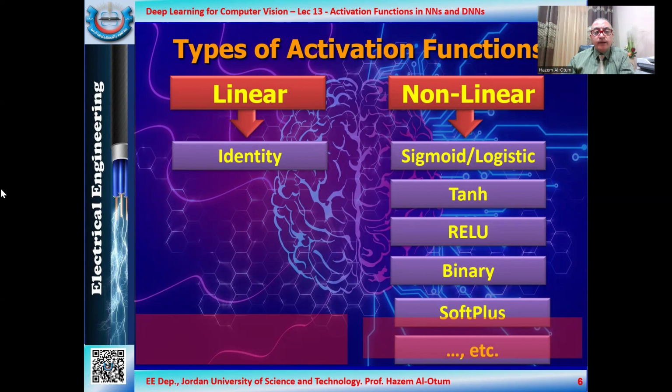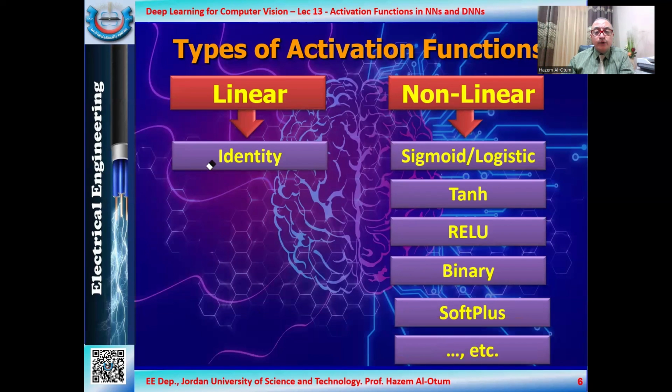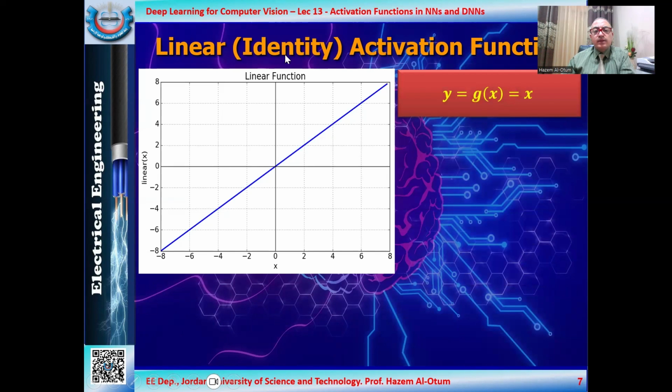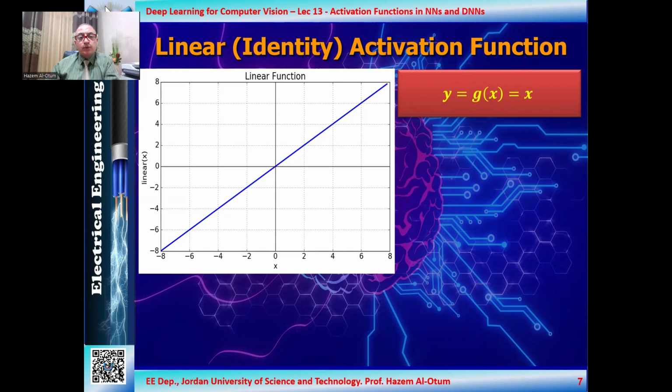The list is very long, and it can be updated every time by adding new interesting activation functions according to the application and the problem under consideration. Let's start with the simplest case. This is the activation function which we call the linear or the identity, as here from the equation.